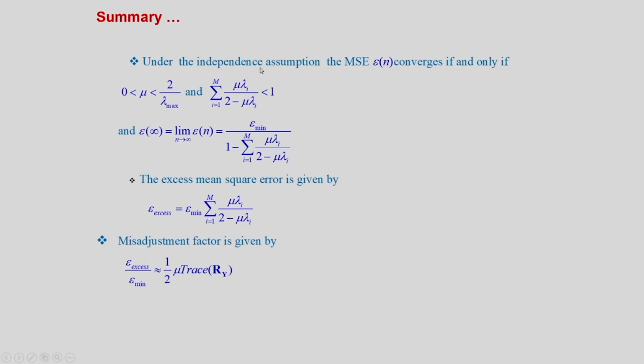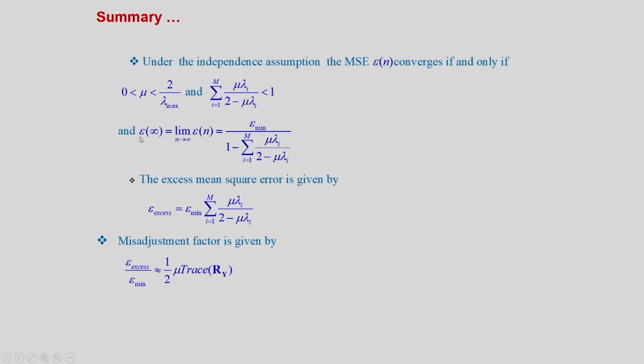Under the independence assumption, the MSE epsilon(n) converges if and only if these two conditions are satisfied. Mu lies between 0 and 2 by lambda max, and the additional condition is that the summation of mu lambda i divided by 2 minus mu lambda i, going from 1 to m, must be less than 1.